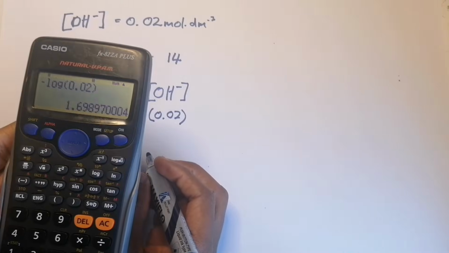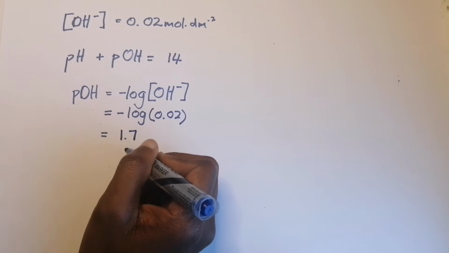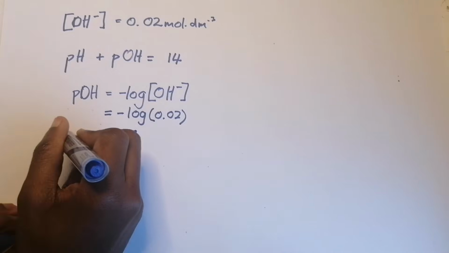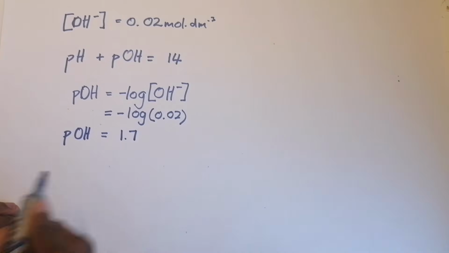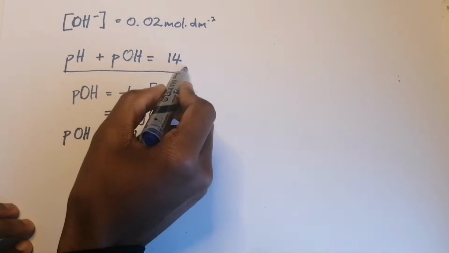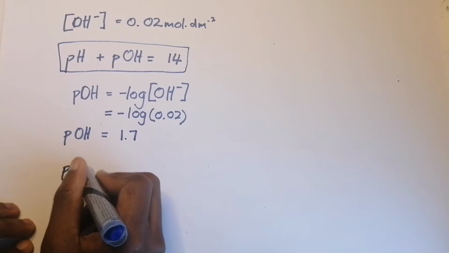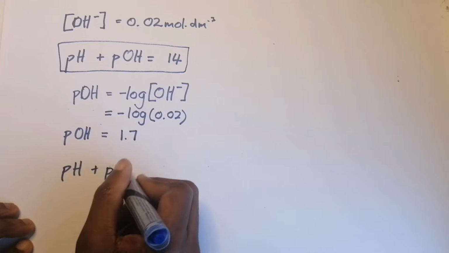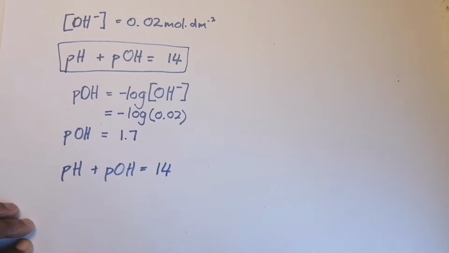I'm going to round off that value, so I get 1.7. All right. Now, please keep in mind, what did they ask us to calculate? They asked us to calculate pH, not pOH, right? But now I know that according to this formula, pH plus pOH is equal to 14.